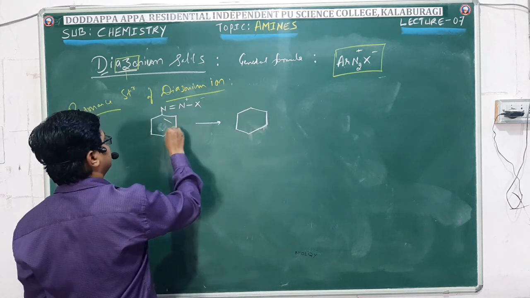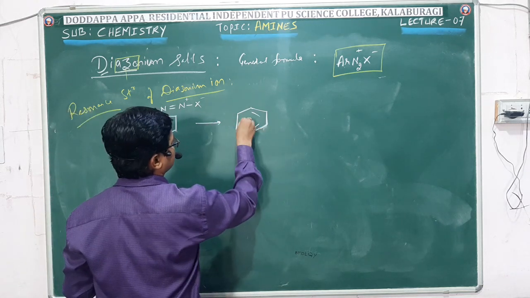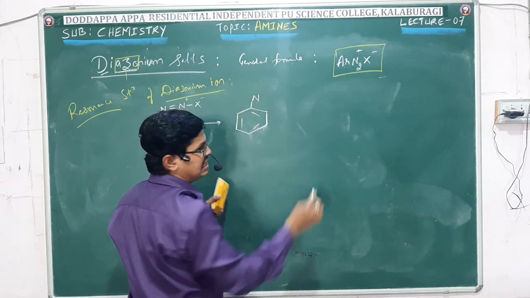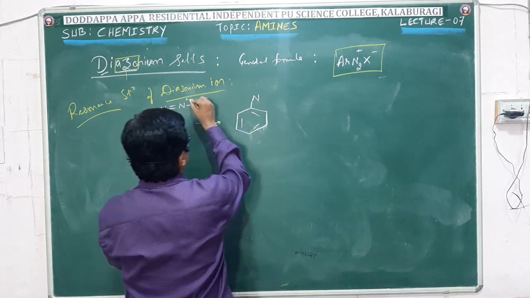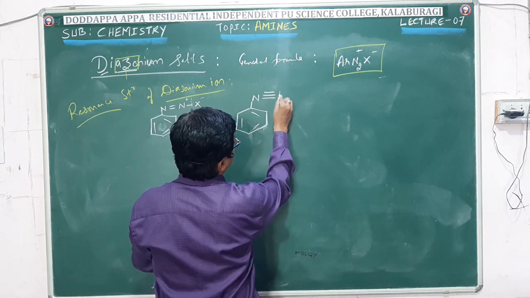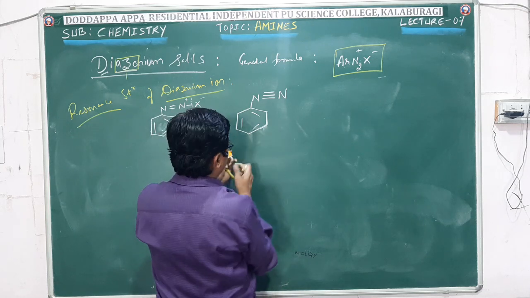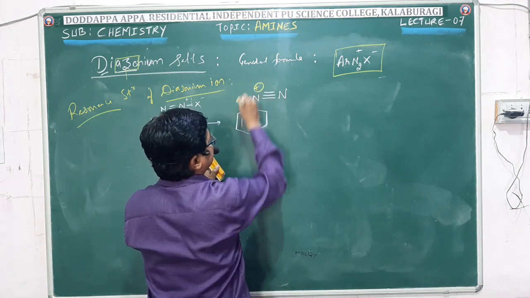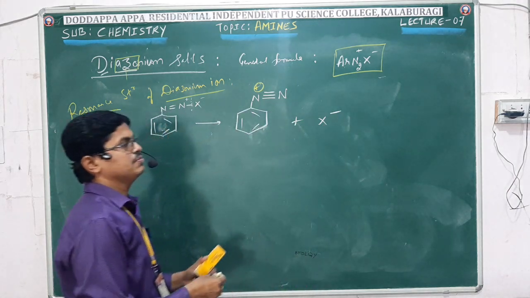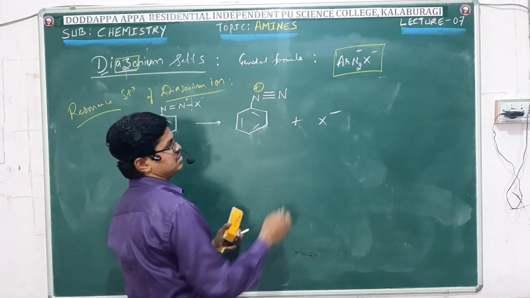Let me show alternate double bonds. When X minus leaves, it undergoes heterolytic cleavage, and I will get N triple bond N plus and X minus.